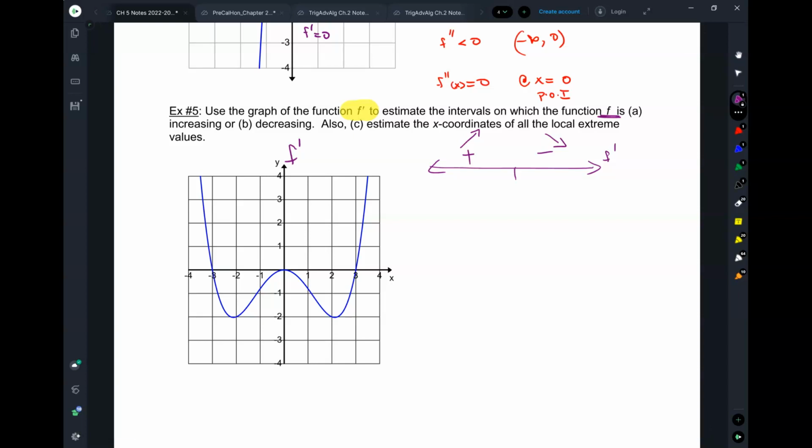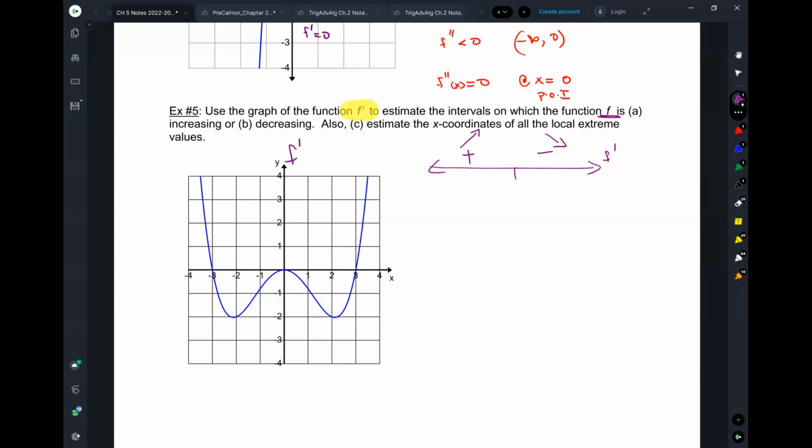Okay, so now this graph is f prime. Whenever you see a graph, how do you know where the graph is positive? Not increasing, but how do you know it's positive? Up or down? Anytime any graph is above the x-axis, it's positive. Anytime it's below the x-axis, it's negative.